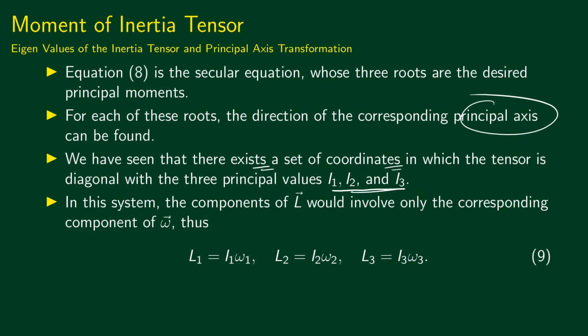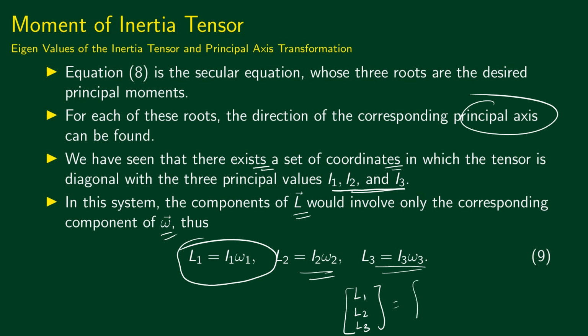In this coordinate system, the components of the L vector would involve only the corresponding component of the omega vector. That is, we can write L1 is equal to I1 omega 1, L2 is equal to I2 omega 2, and L3 is equal to I3 omega 3. This is obvious because we could write the transformation equation as L1, L2, L3 is equal to, okay.